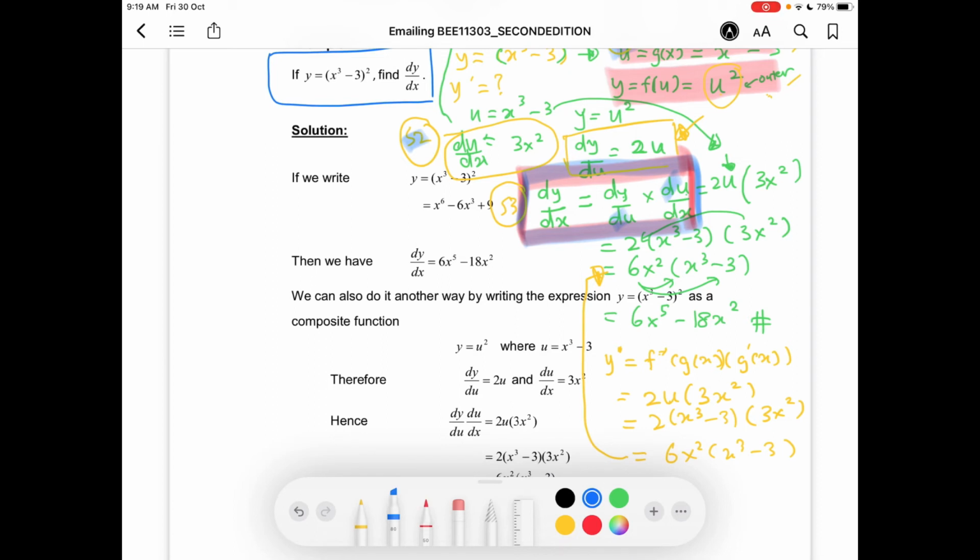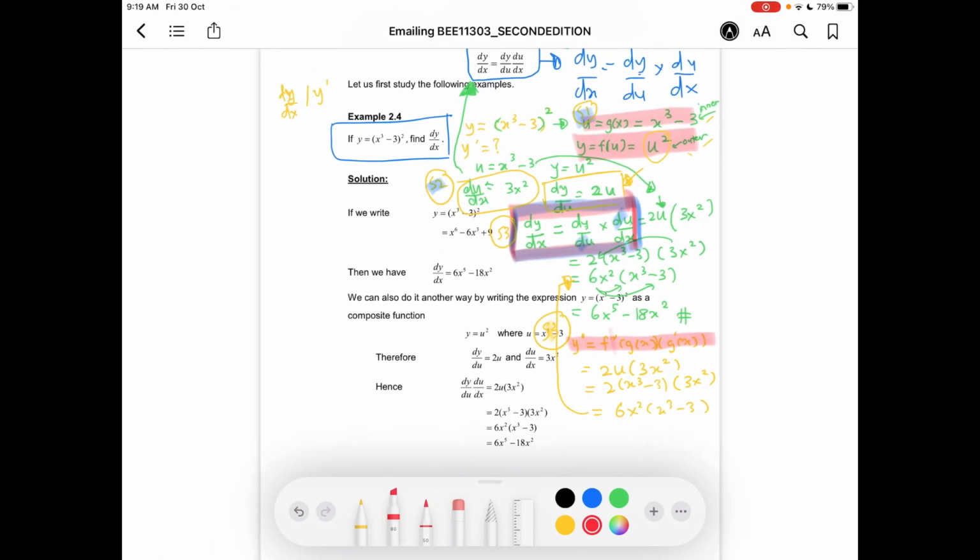Or you can pick the third solution here, another formula which is actually the same one, which is y prime equals f prime of g(x) times g prime of x. Alright, that is our chain rule.